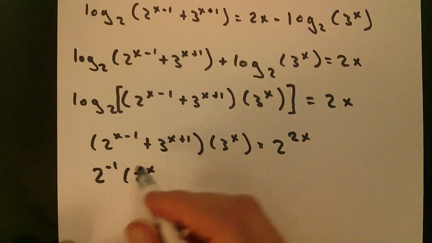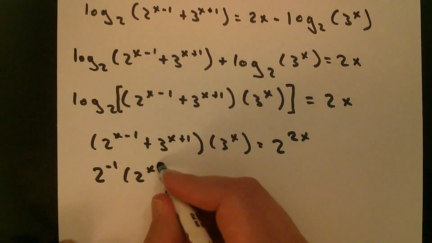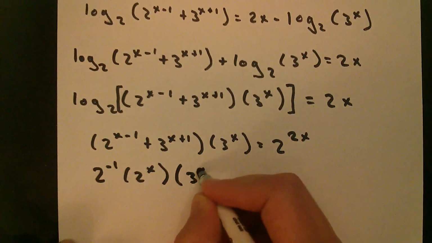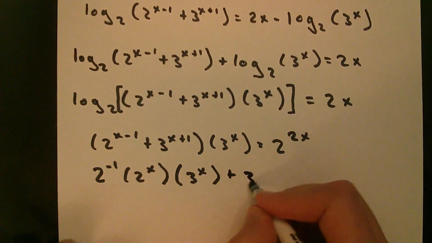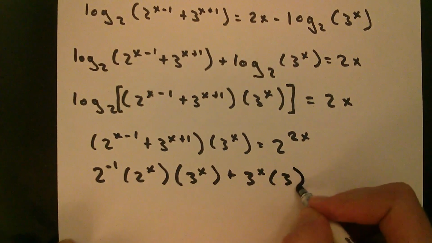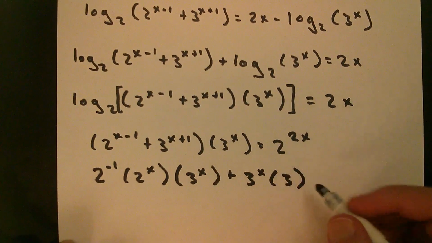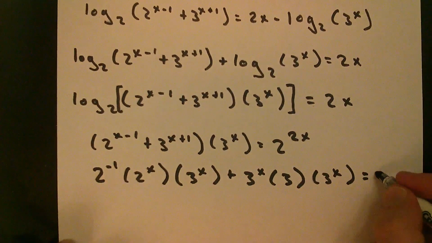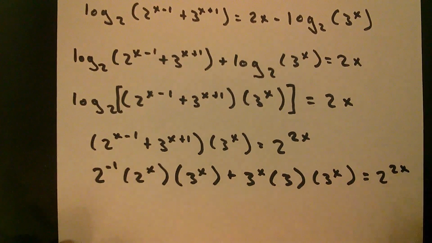That's just using exponent properties because you add the exponents. And now I'm multiplying this by 3 to the power of x, plus 3 to the power of x times 3 for this one times 3 to the power of x again equals 2 to the power of 2x.